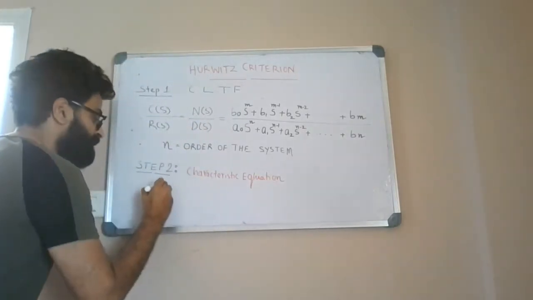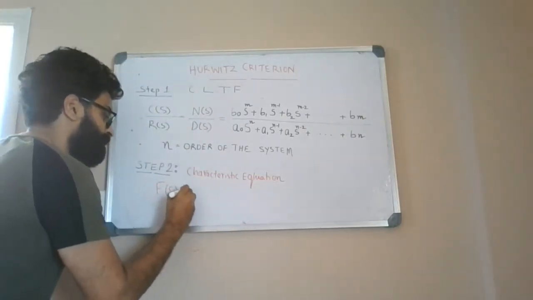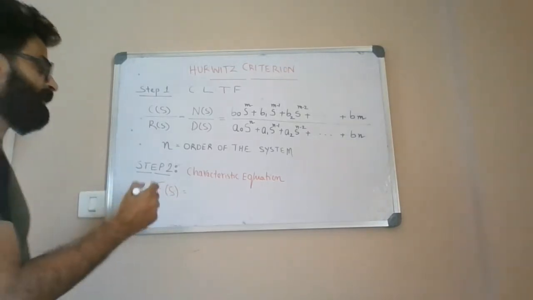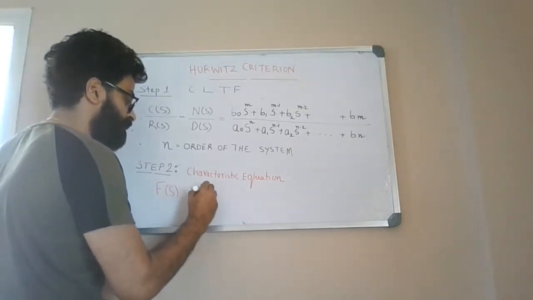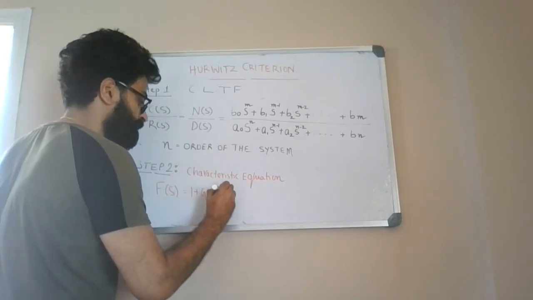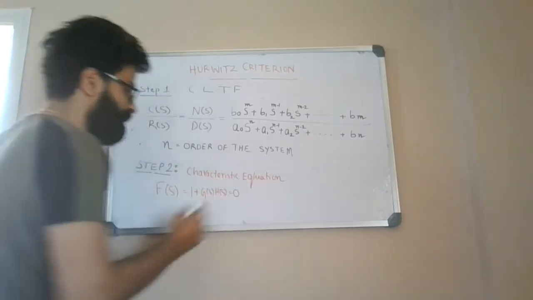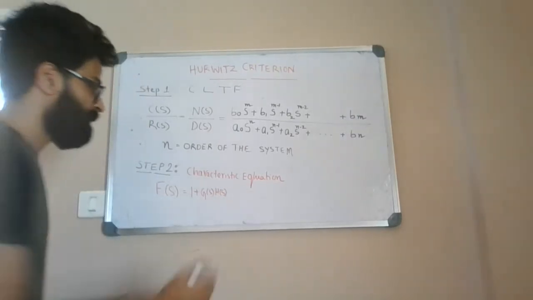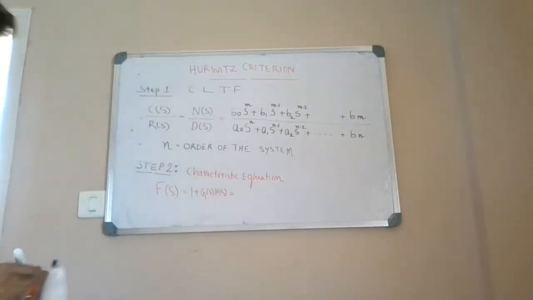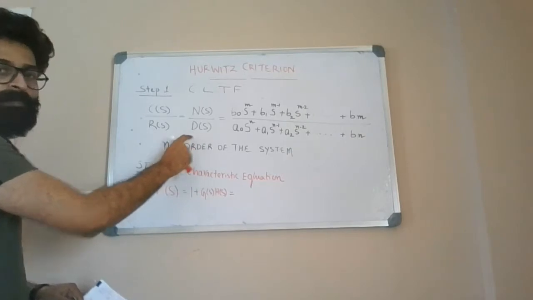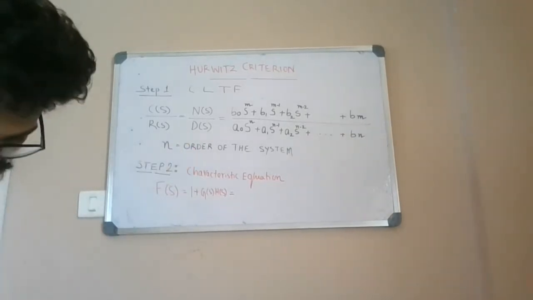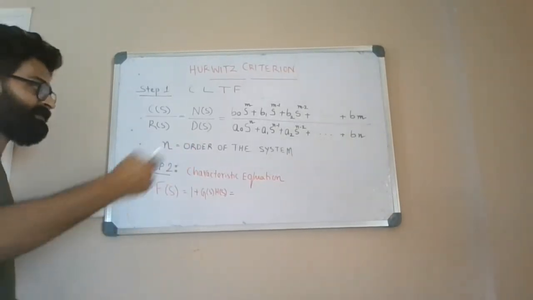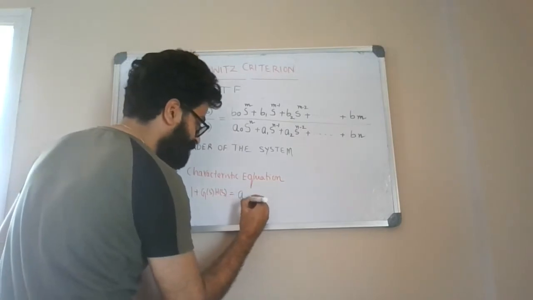Let us say the characteristic equation is F of s. You know that F of s is basically 1 plus G of s into H of s, which is equal to 0. What is the characteristic equation? The denominator polynomial, right? So the denominator polynomial is the characteristic equation. So write out the characteristic equation.